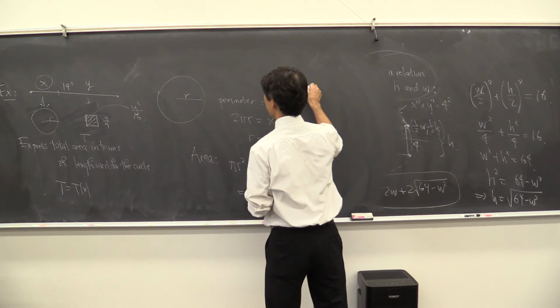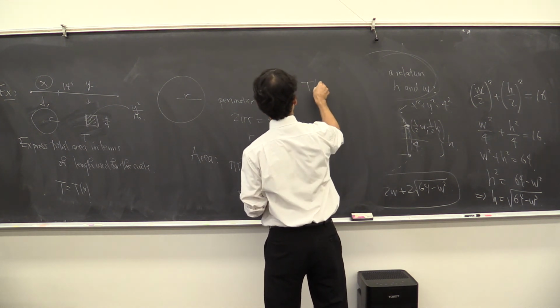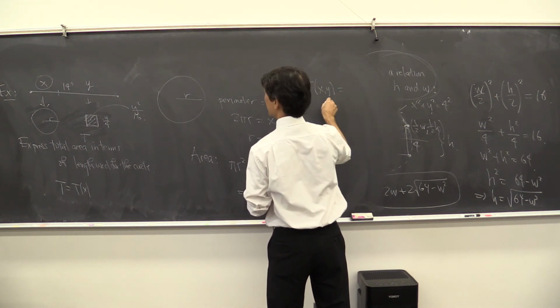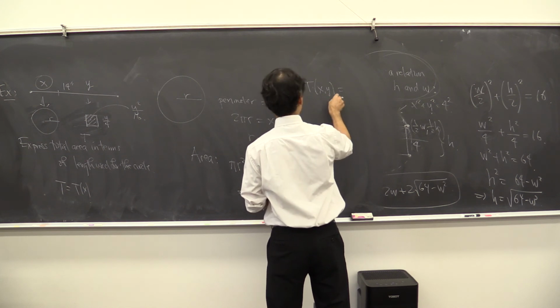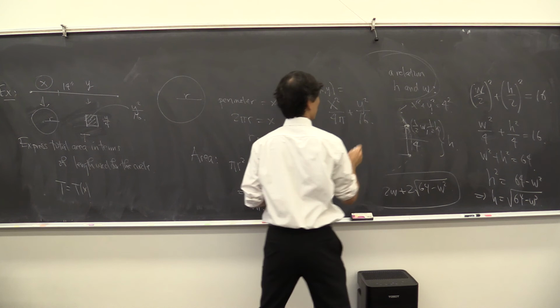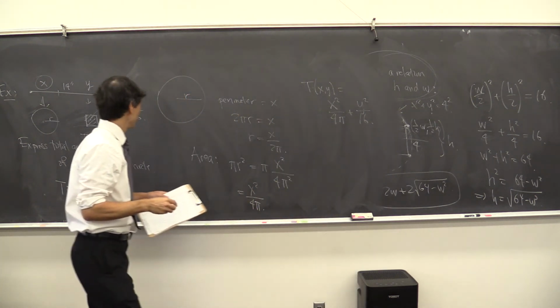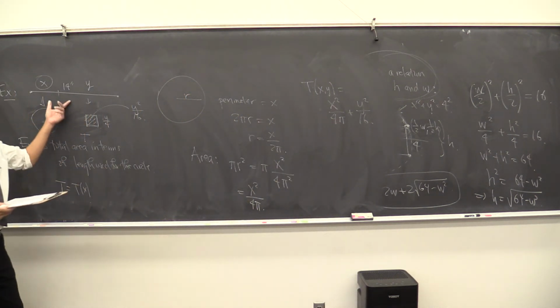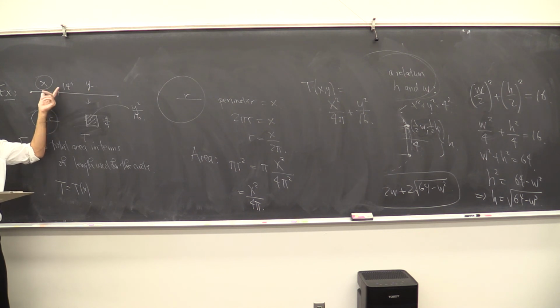And so the total area is going to be x squared over 4 pi plus y squared over 16. Okay. But we can express y in terms of x, right?